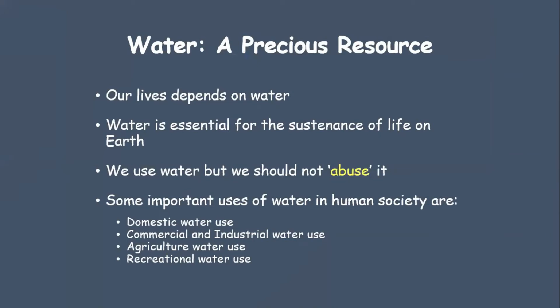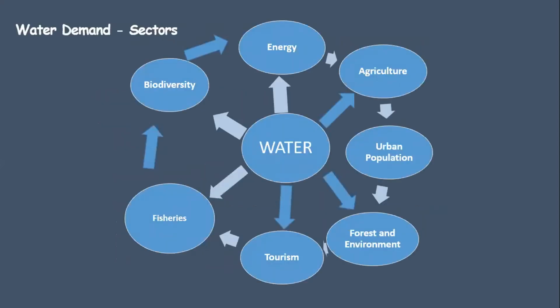Now coming towards the water resources. Water, as we all know, is a precious resource. Our life depends on the water, and water is essential for sustenance of life on Earth. We use the water, but we should not abuse it. As a part of human society, there are multiple uses of the water: domestic uses, commercial and industrial uses, agricultural uses, and recreational water uses.